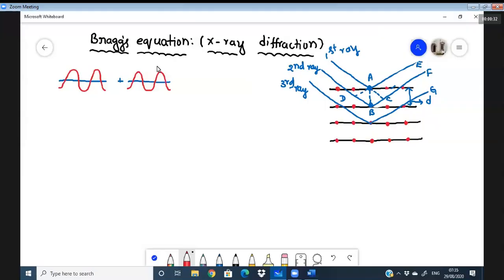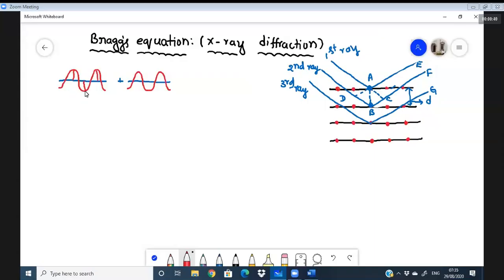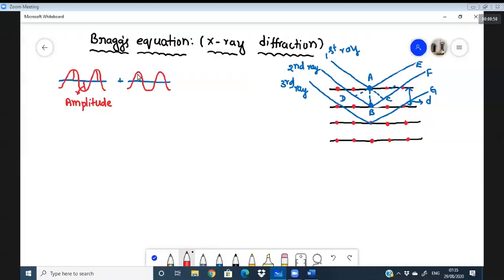Wave number 2. Then this is called as an amplitude. Amplitude of wave 1. This is also amplitude of wave 2.